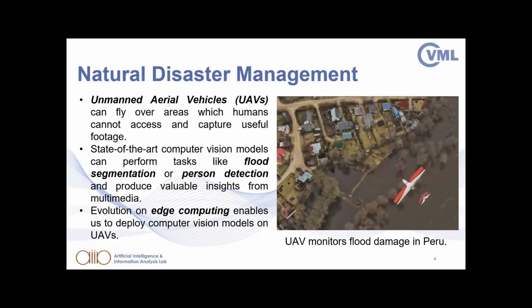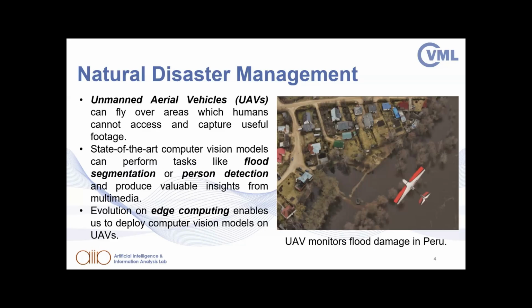For example, as we see in the image on the right, it shows a UAV monitoring flood damage in Peru, which is something that ground teams simply cannot achieve. And using state-of-the-art computer vision models, drones are capable of performing advanced tasks such as flood segmentation or person detection and analyzing this information in real time.